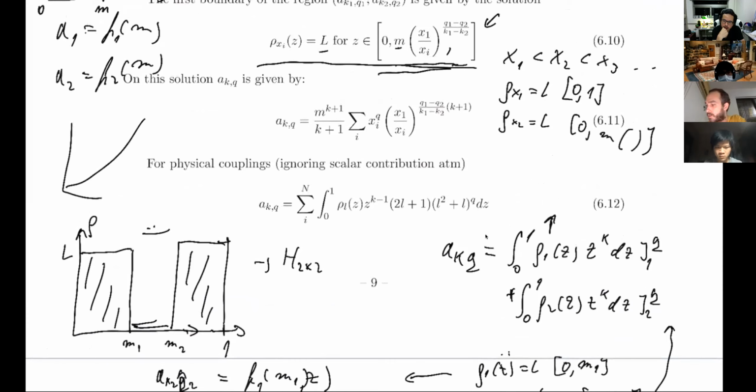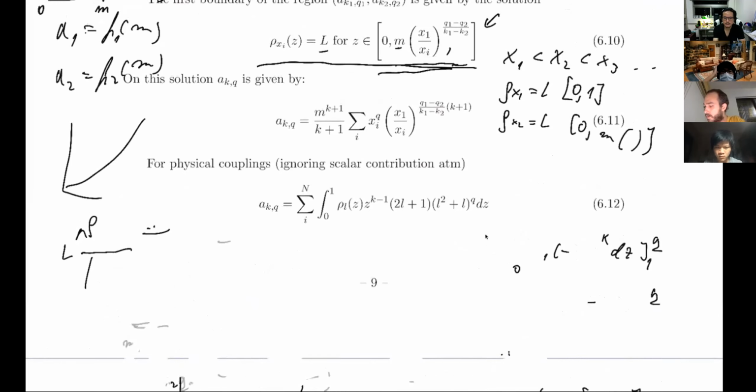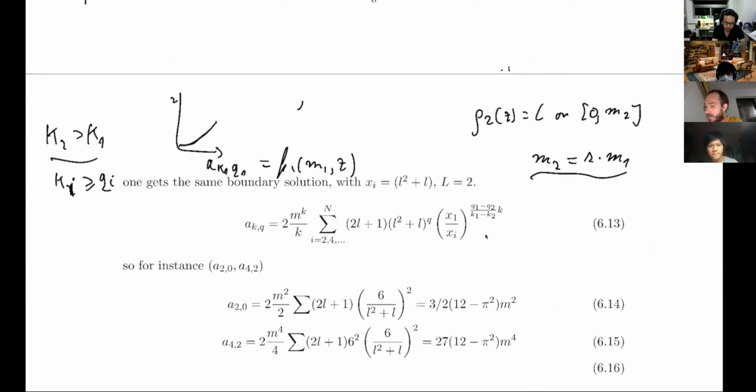Okay, so you get this, and then once you have that, let me just get rid of this. So then you can go to the physical couplings, which are now given by this. And you can do the same thing.